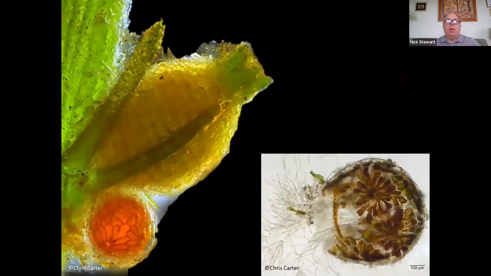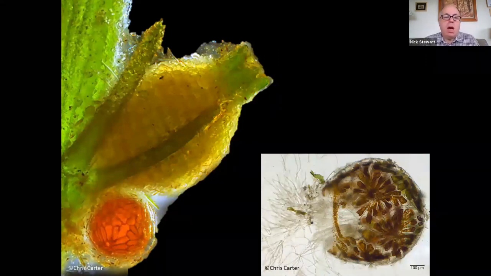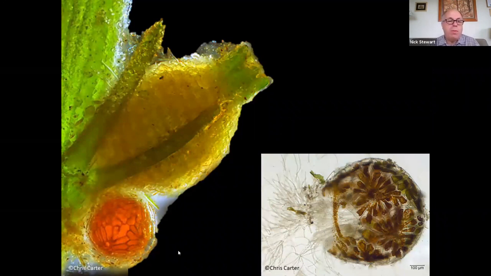But one of the distinctive things about stoneworts are these fruiting structures. So at the bottom here we have the male, which look a little bit like footballs.